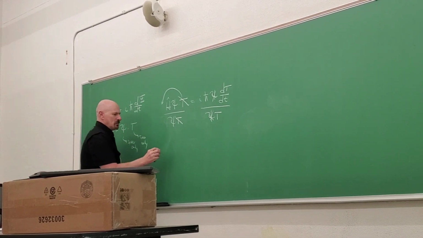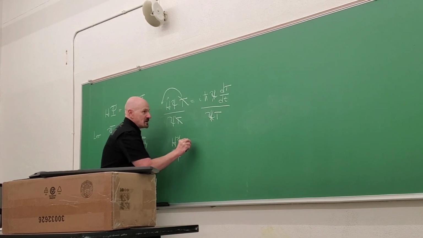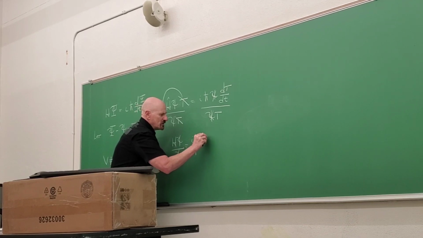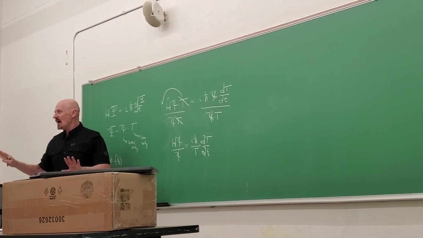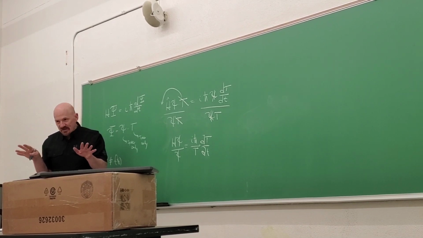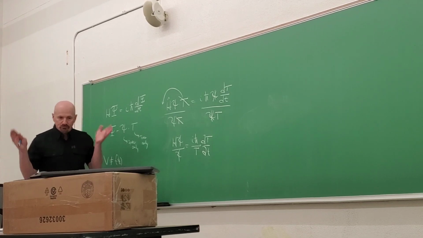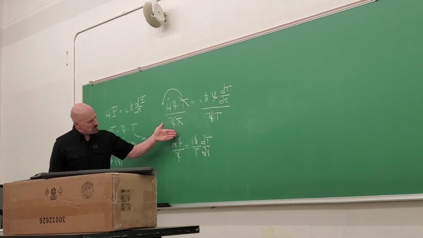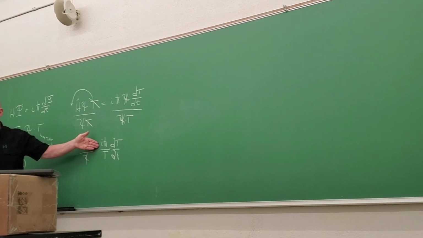So what we have then is H psi over psi is equal to i h bar over T, derivative of T with respect to time. Okay? Now, space and time are independent of each other. Where you are doesn't depend on what time it is, or what time it is doesn't depend on where you are. So this says that I can manipulate this independently, and it still will be equal to this.